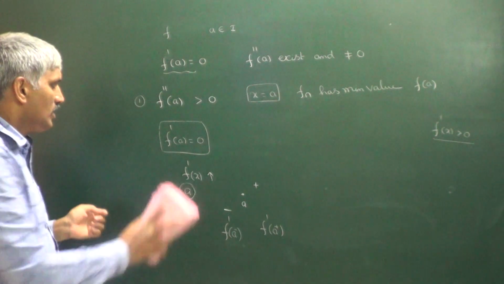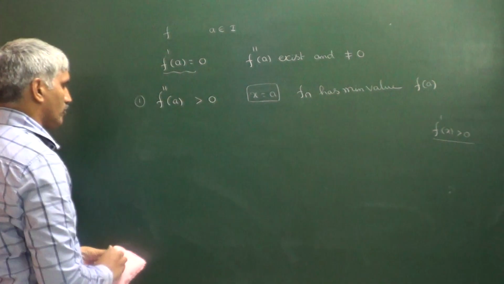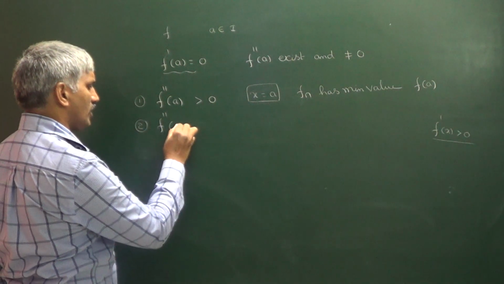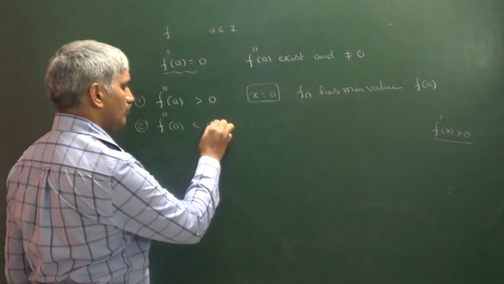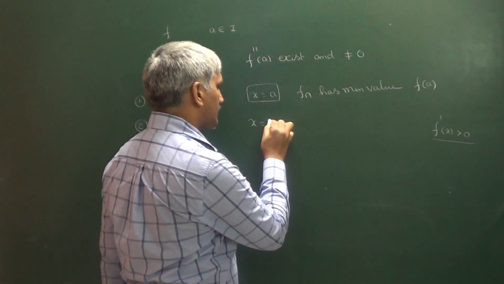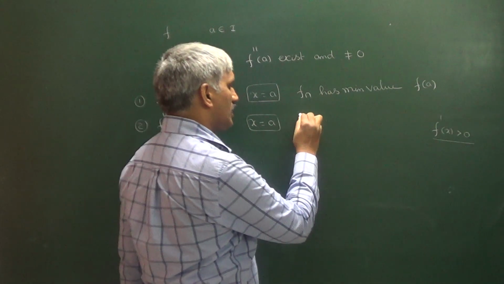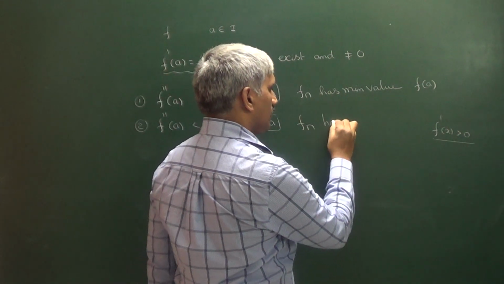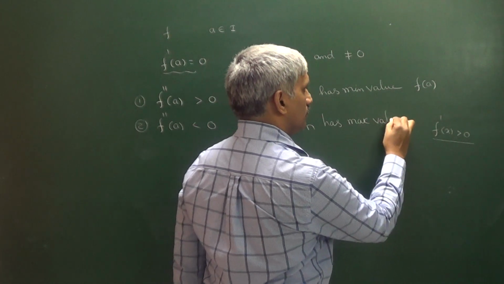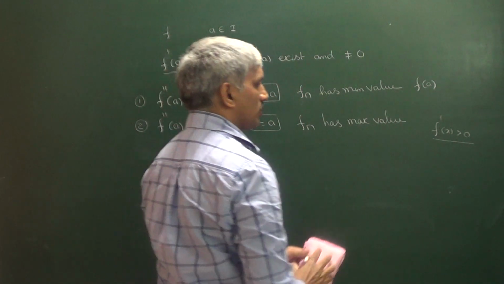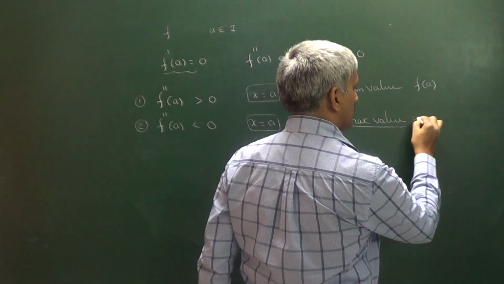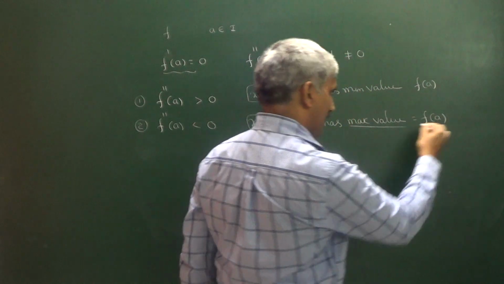At the same time, the second point we are going to discuss is if f double dash of a is less than 0, second derivative less than 0, then what can we say? At x is equal to a, the function has a local maximum value, and that local maximum value is given by f of a.